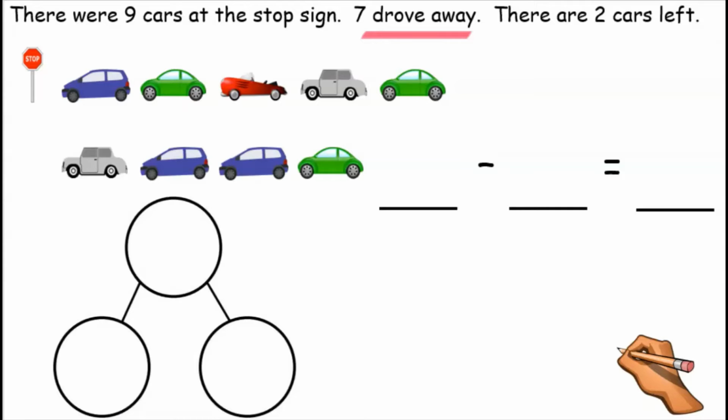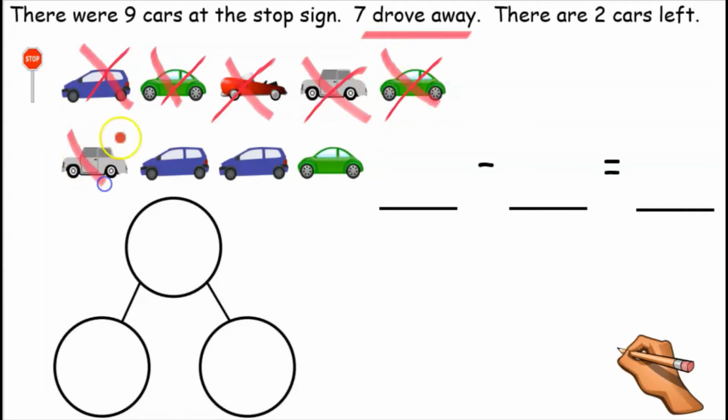When we're working on paper like we are right now, we're going to do what to show taking away? Right, we're going to cross it out because we learned 7 cars drove away. So I'm going to cross out 7 cars. 1, 2, 3, 4, 5, 6, 7. My problem said 2 left.